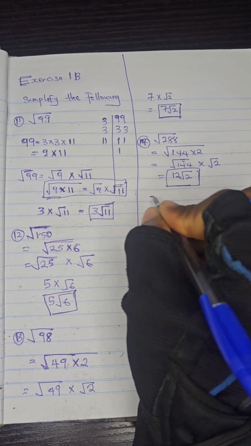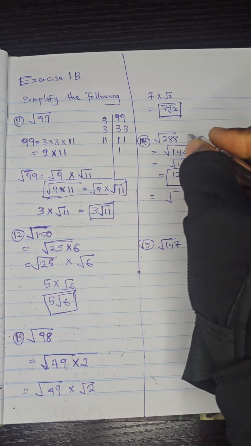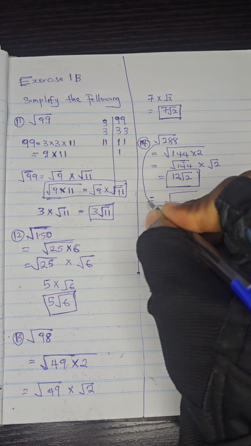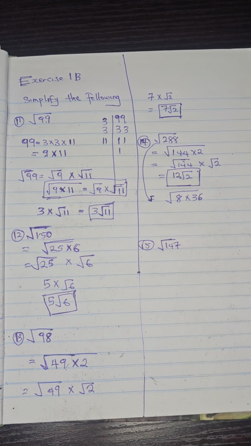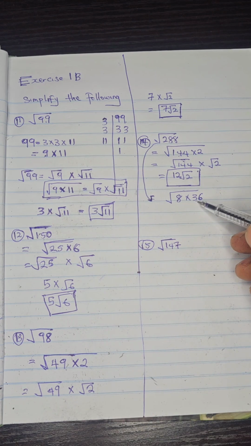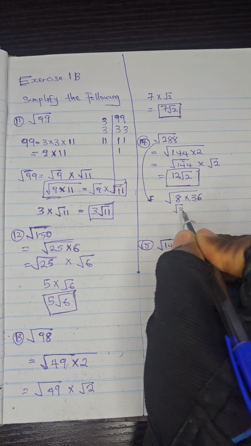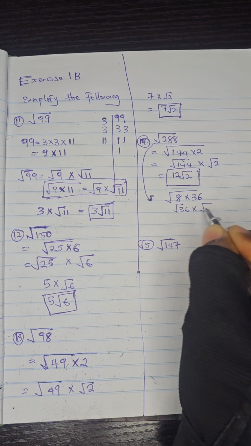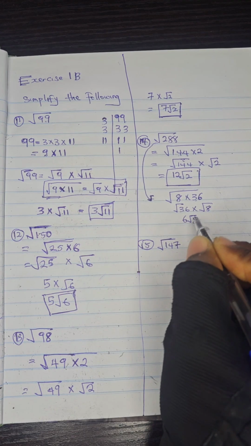But let's say someone solves something like this. This 208 can also be expressed as 8 times 36. Now you can see that 36 is a perfect square. So which will give you square root of 36 times square root of 8, which will give you 6 root 8.